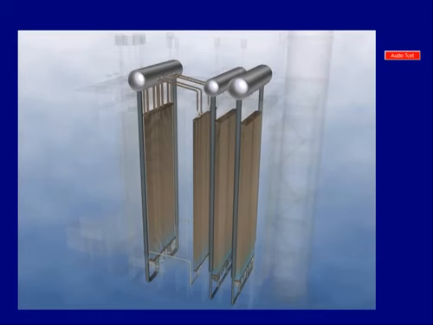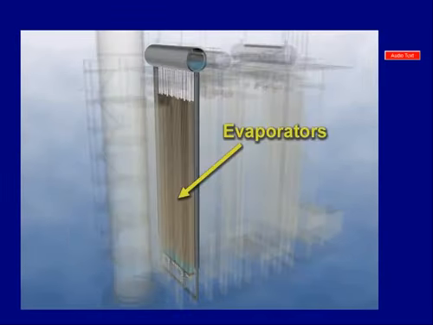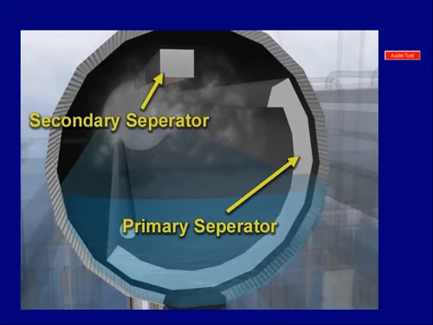Welcome to Book 1, Chapter 2, Overview of HRSG General Design Features. 3 steam drums which operate at high pressure, intermediate pressure, and low pressure receive a steam and water mixture coming from their respective evaporator tube sections. As this steam-water mixture enters one of the 3 drums, it first passes through the primary steam separator, where water and steam are separated.